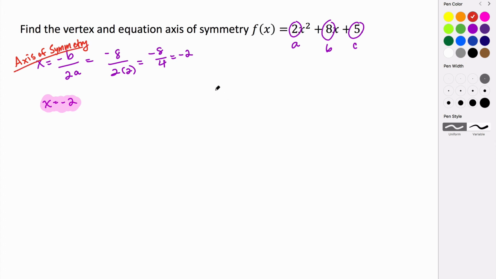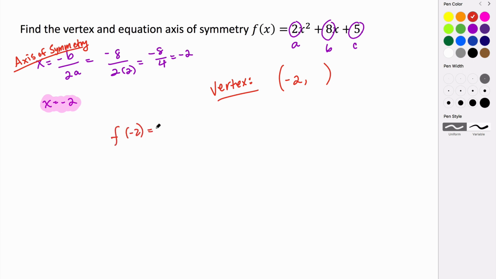So what is the vertex? We already know the x coordinate of our vertex. It's negative 2. And then to find the y coordinate of our vertex, we just take f and evaluate it at negative 2. We substitute negative 2 into our function. So what is f of negative 2?